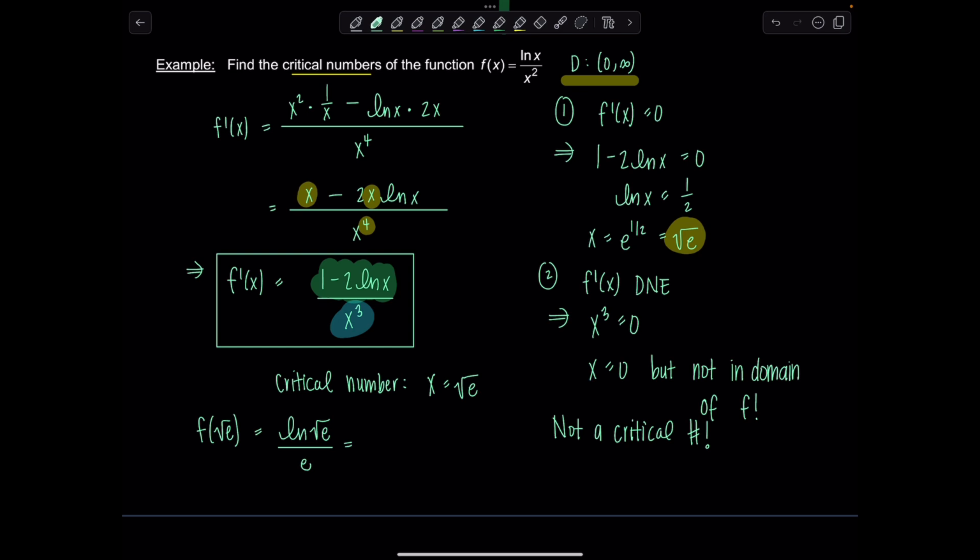Ln square root of e, or ln of e to the 1/2, is just 1/2, over e. So this is 1 over 2e. So the critical point, maybe they want that. You don't want to be a one-trick pony. You want to give them a critical number if they want it, give them a critical point if they want it, make everybody happy. Square root of e, and then 1 over 2e. How do you feel about that?